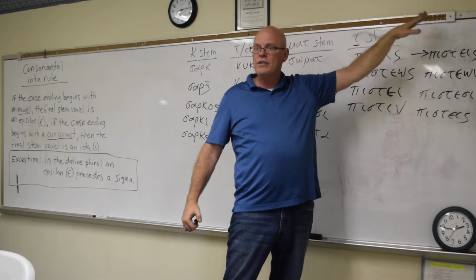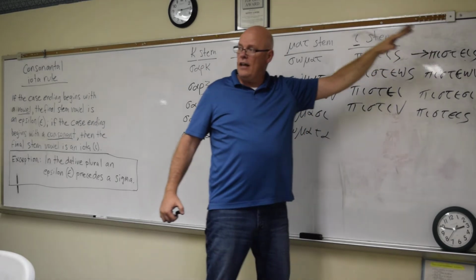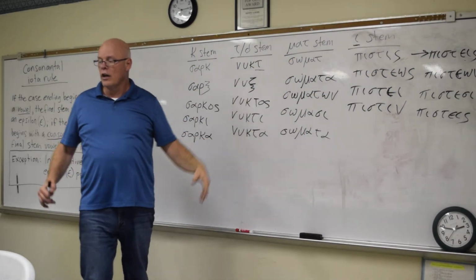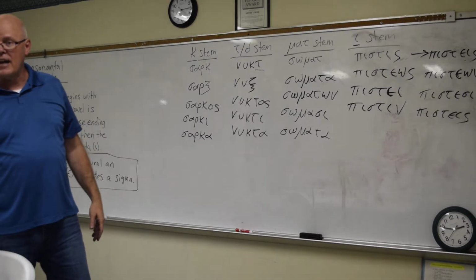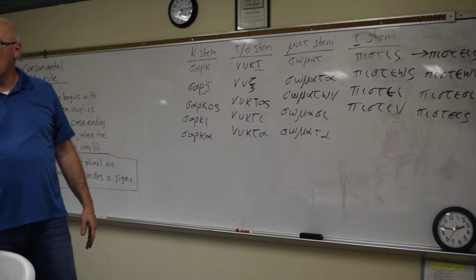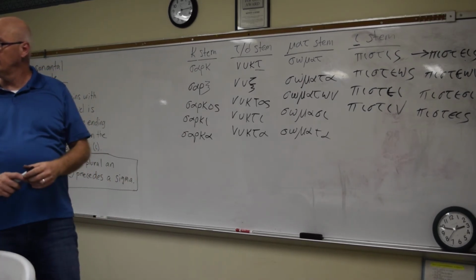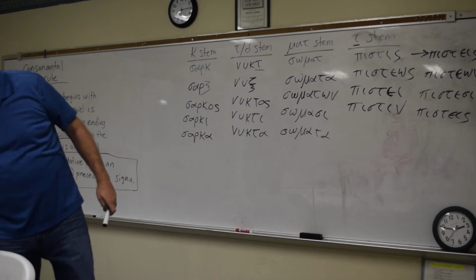Once you figure out what stem category it fits in, then start testing it and start doing your work. Now, in the back, you do have some examples, not everything, but some of these parsed out.